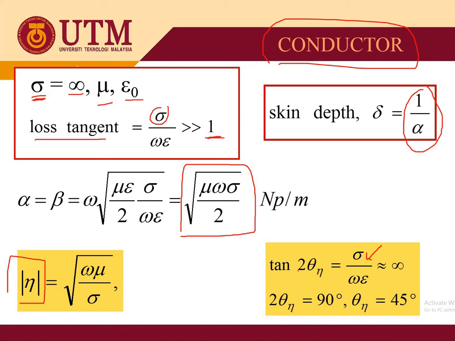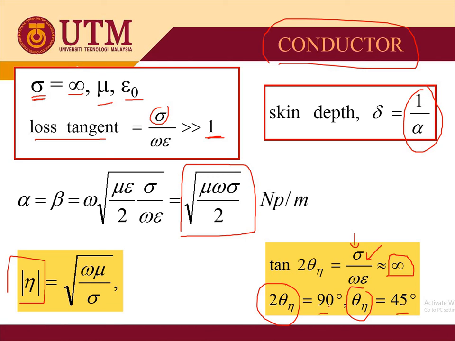In the other medium, tangent of 2 theta n is equal to sigma over omega epsilon. Because this is high, it is more or less infinity, so 2 theta n is equal to 90 degrees and theta n is 45.